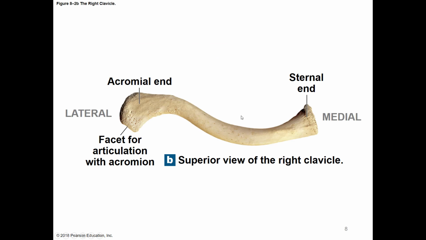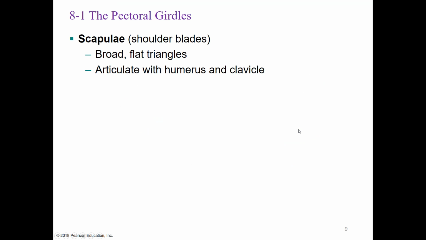Okay, so here is the clavicle on its own, and the clavicle kind of has a lazy S shape to it, sort of like a squished S, a nice curve. And then the scapulae are the shoulder blades. They are broad, flat triangles, and they join with the humerus and the clavicle.